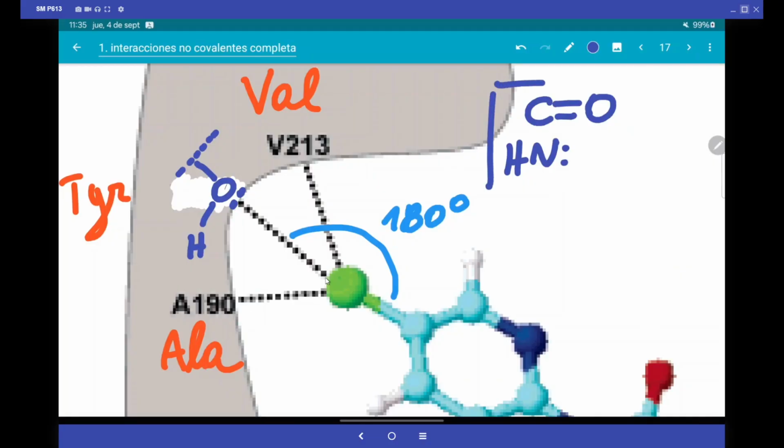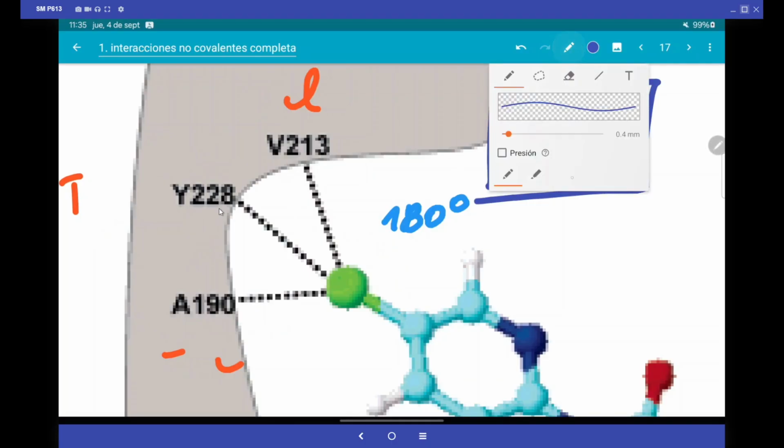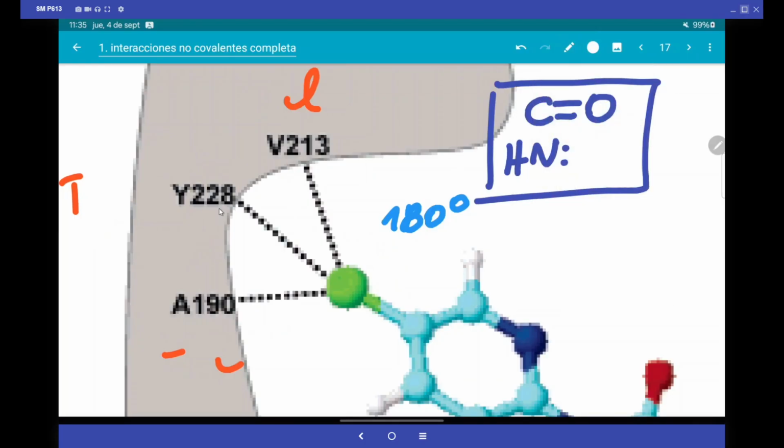Therefore, it is likely that the halogen, as it enters more into the protein, so to speak, is not interacting with the O of the side chain but with the carbonyl of the backbone of the peptide bond, that is, the carbonyl of the tyrosine. The other possibility is that it is interacting with the oxygen of the carbonyl. Then the tyrosine makes the interaction with the carbonyl of the backbone.